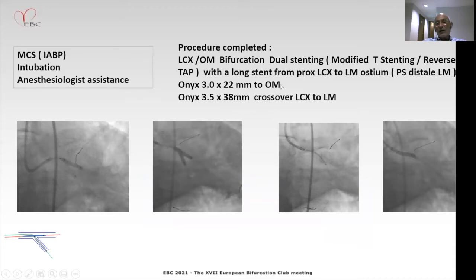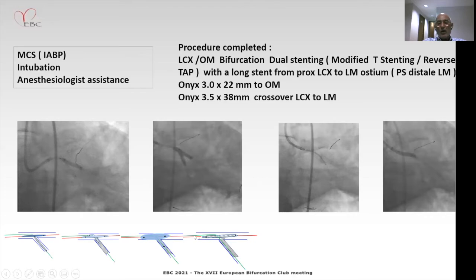Since it was a complex procedure, we selected the dual stenting strategy, and that was modified T-stenting or reverse crush, starting stenting on marginal with a balloon in circumflex, then soon after stent delivery, kissing balloon inflation, then stent delivery in main vessel, and in this case, it was a long stent covering the whole proximal segment of circumflex and crossing over to left main till the ostium.